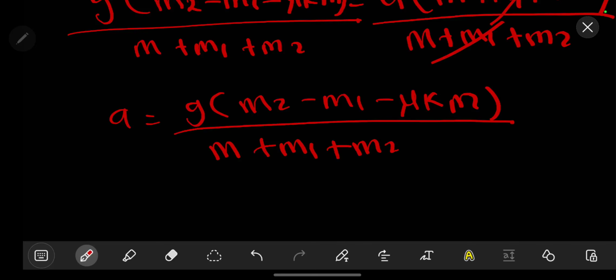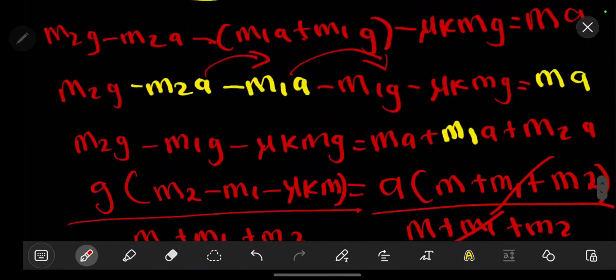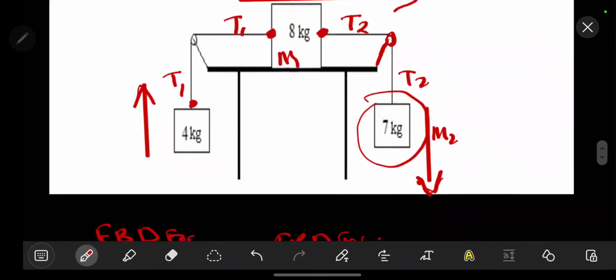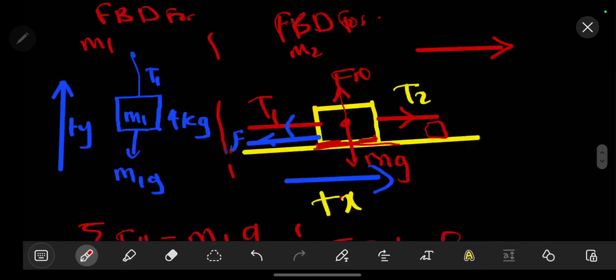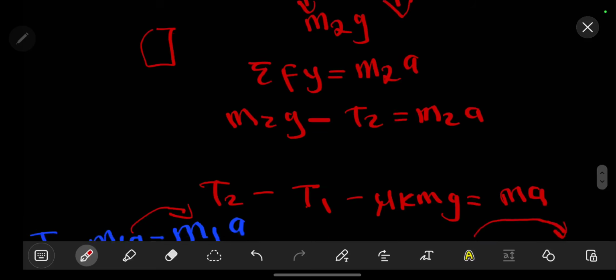All we have to do now is substitute. So we are going to have something like this. We have a is equal to gravity, 9.8, times mass number 2. According to what we have, mass number 2, if you recall, is equal to 7. So let's just memorize that.